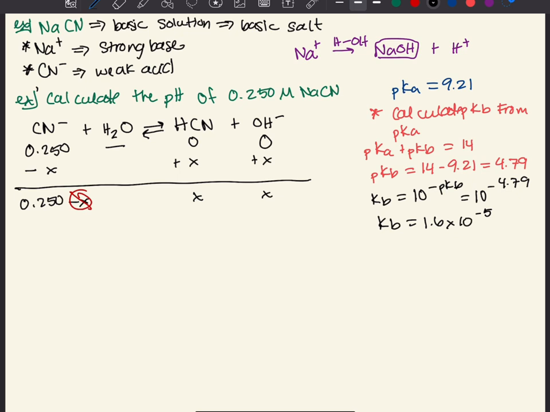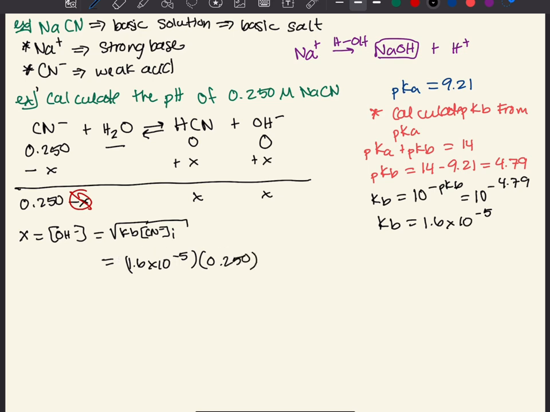Now, remember, this looks like all of our acid-base reactions in water. So I can use x is equal to the concentration of hydroxide, which is equal to the square root of Kb times the initial concentration of my cyanide. So when I plug that in, I'm going to get 1.6 times 10 to the negative 5, and I'm going to multiply that by 0.25.